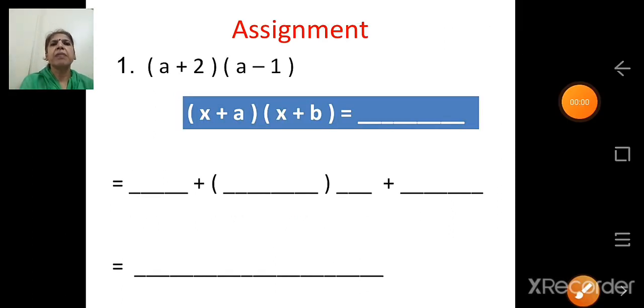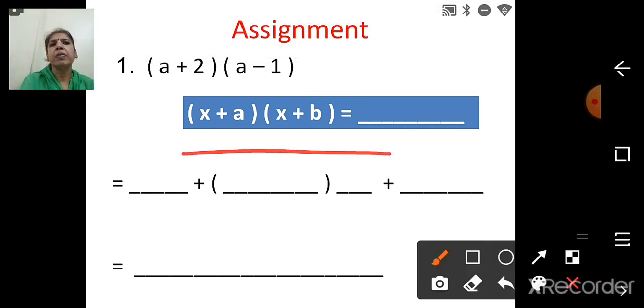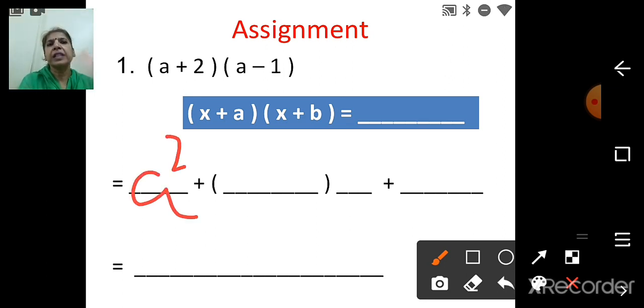There is an assignment for you to do: (a + 2) multiplied with (a − 1). Which is the common term here? a. So first you will write the formula, (x + a)(x + b) = x² + (a + b)x + ab. Then you will substitute. In place of x², a².